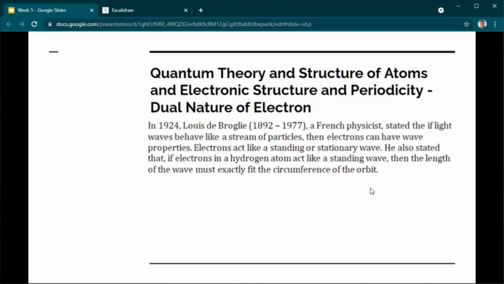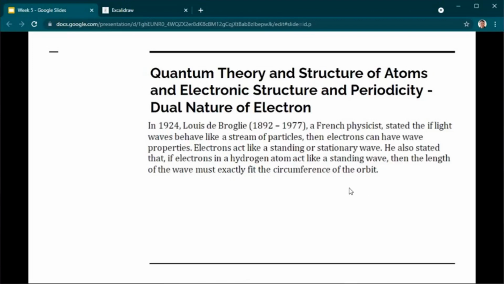In 1924, Louis de Broglie, a French physicist, stated that if light waves behave like a stream of particles, then electrons can have wave properties. It is established that light has wave-like properties, right?